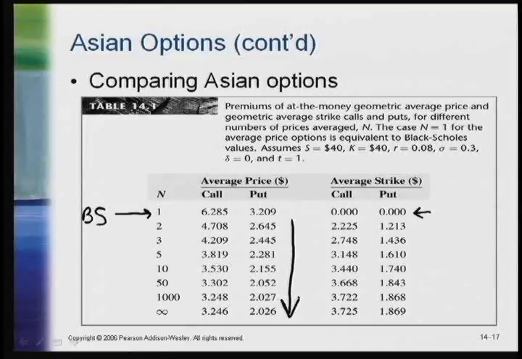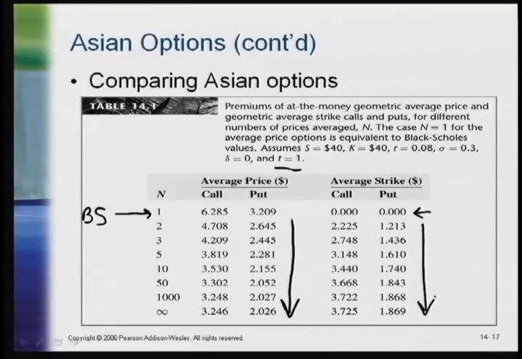You also see this for the average strike. Now here, this is an option where we use the actual stock price at expiry, which is time 1 here. It's a 1-year option. We look at the price at time 1, and we compare that price to the average stock price. Notice the pattern that as we increase the number of stocks that go into the average, the value of the option goes up.